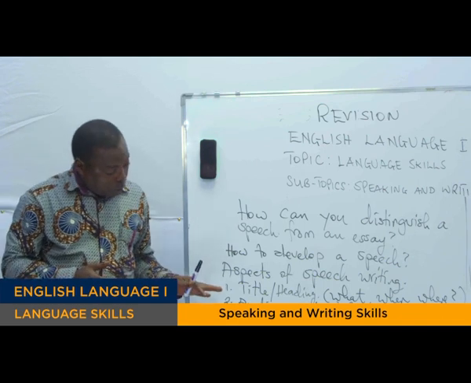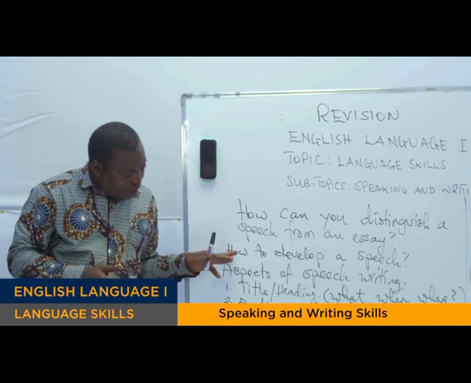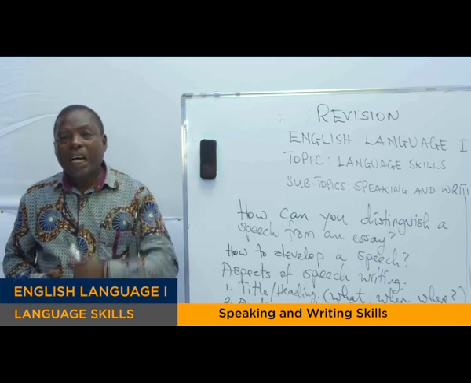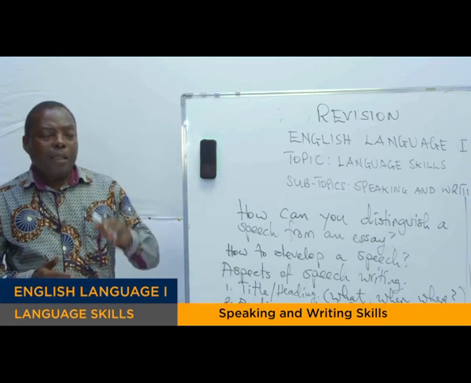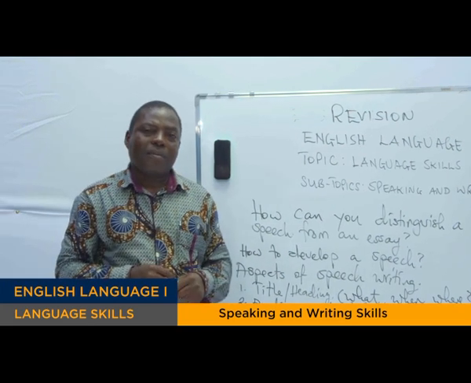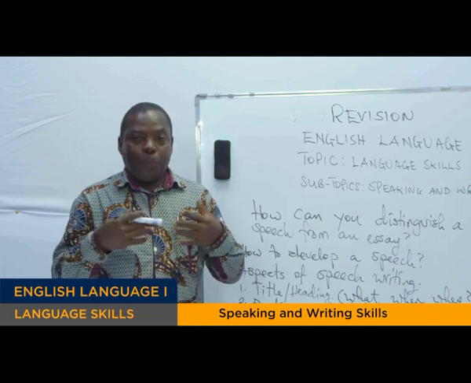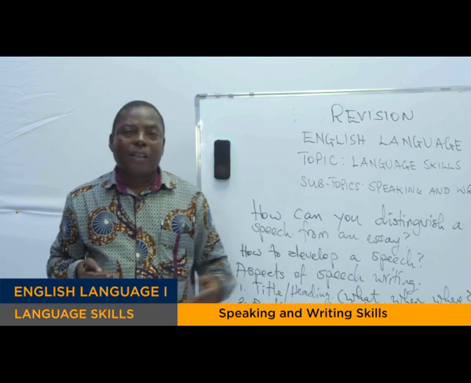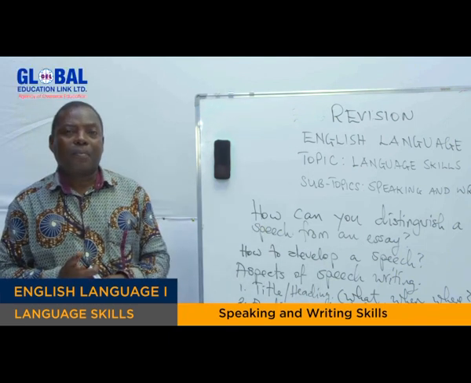Coming to aspect number 2, under speech development, you have to have audience acknowledgement. The people who are in that place, which means the speaker and the audience, sometimes they can see one another. So there's face to face.